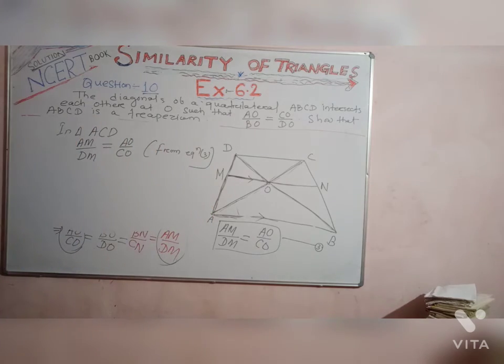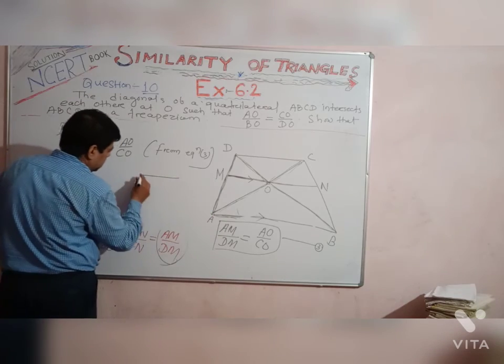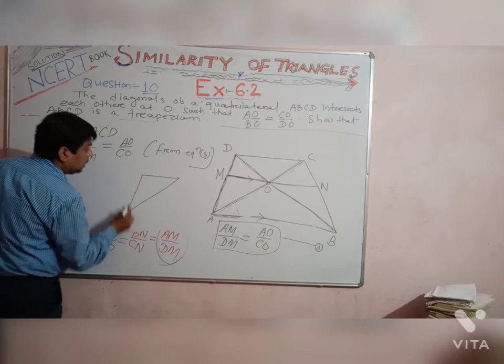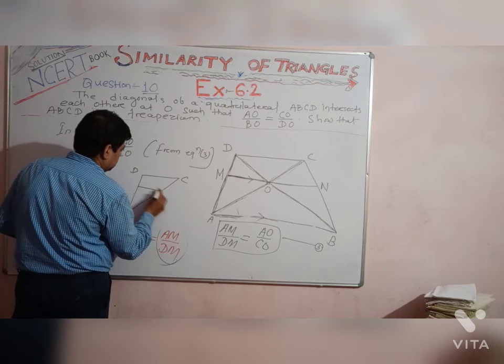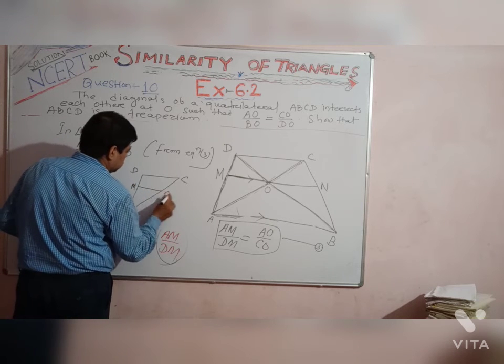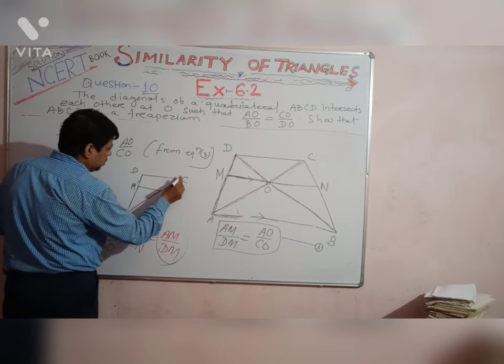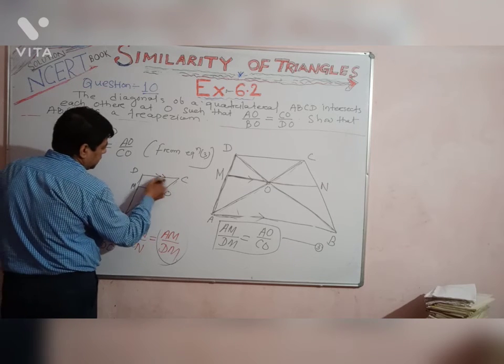Look here. This is A, this is D, this is C, this is M, this is O. And AM upon DM is equal to AO upon CO. So this is in accordance with the converse basic proportionality theorem.